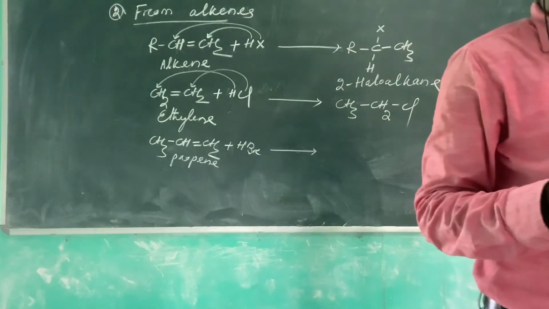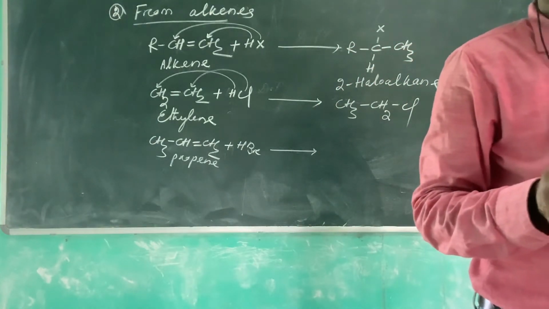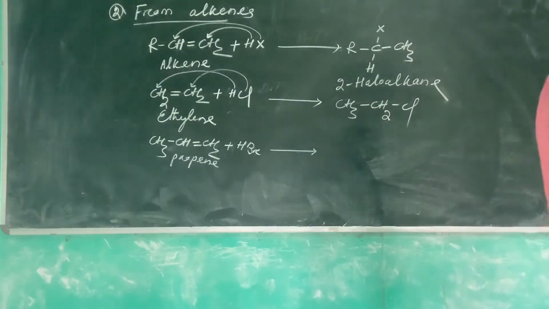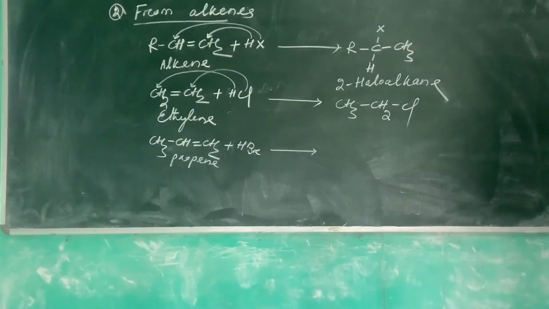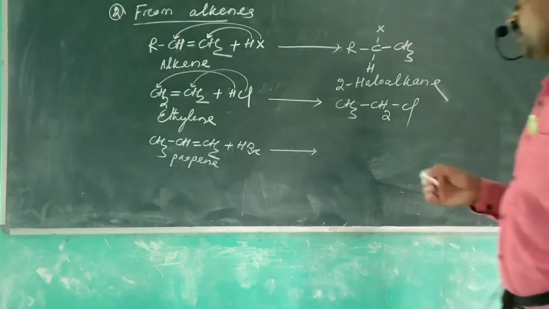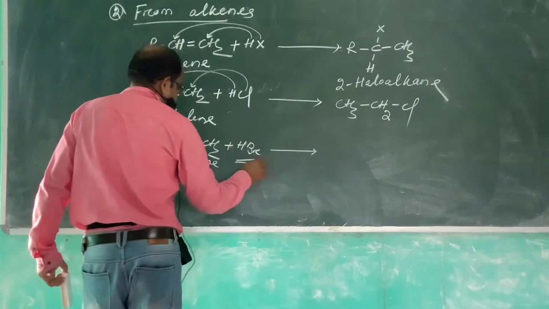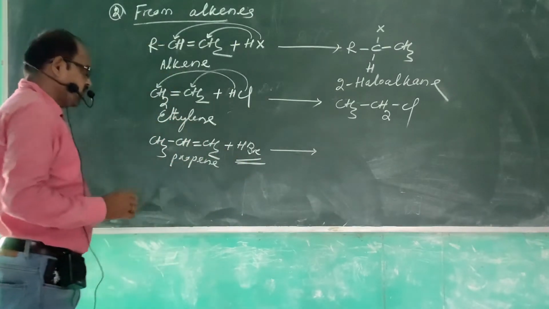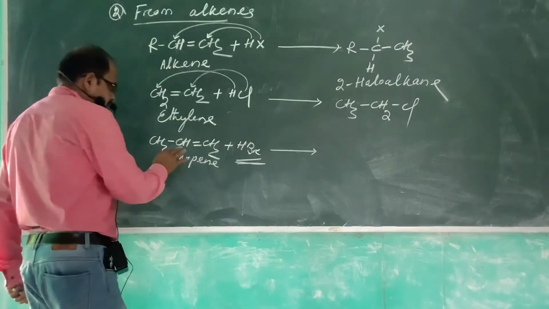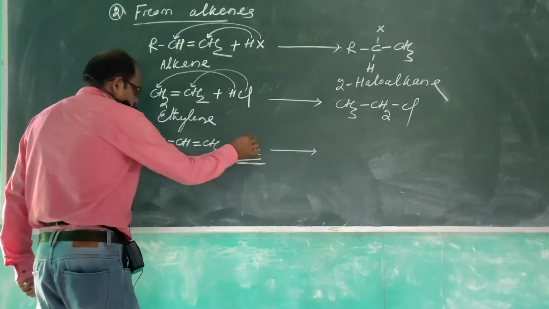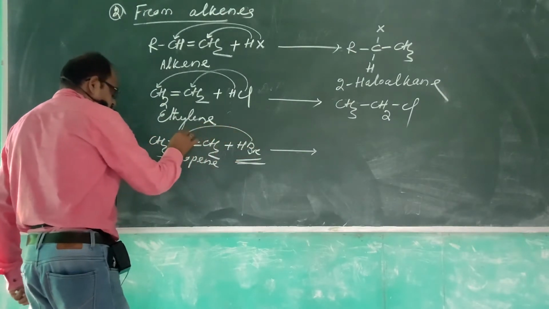What is the Markovnikov's rule? When addition reaction takes place in an unsymmetrical alkene, then negative part of the addendum goes to that carbon atom which contains less number of hydrogen atoms.